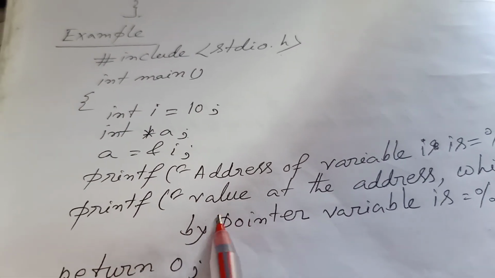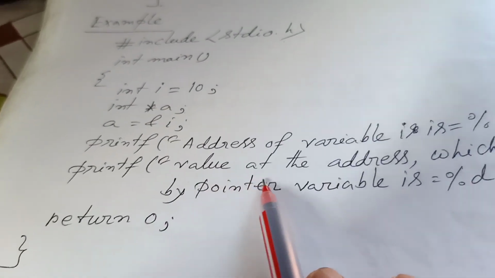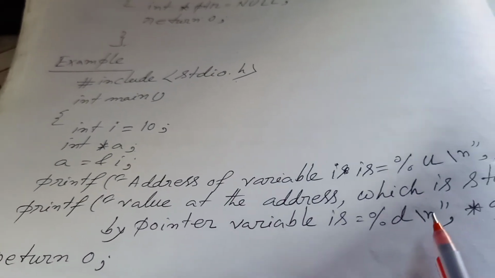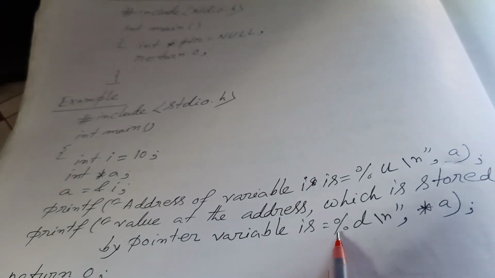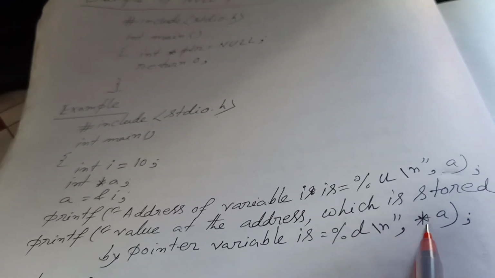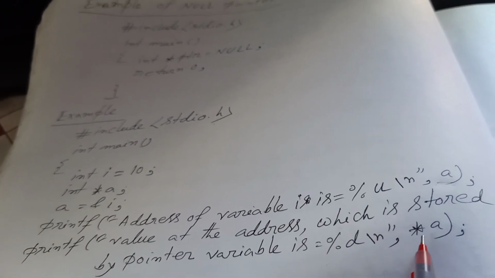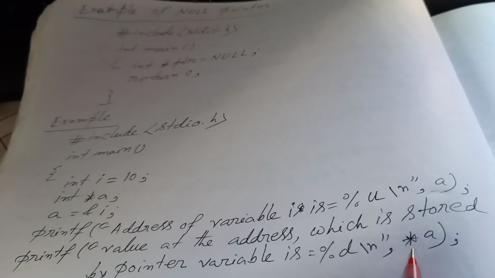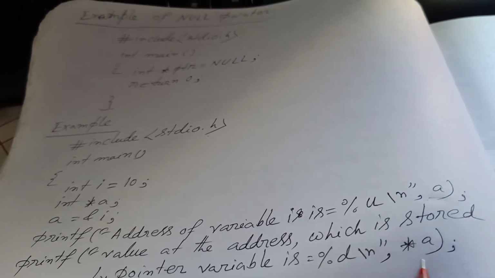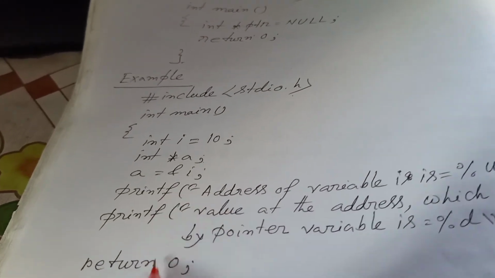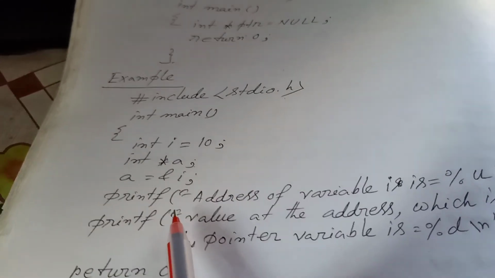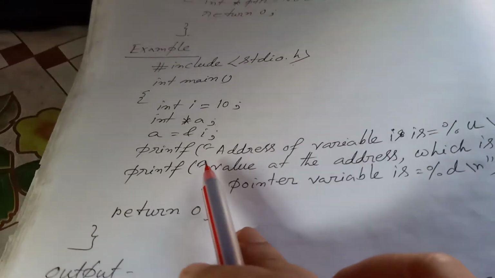Now let's display the value at the address which is stored by the pointer variable is %d, quotation complete, and after the comma we should write the pointer asterisk with a. Now return 0.